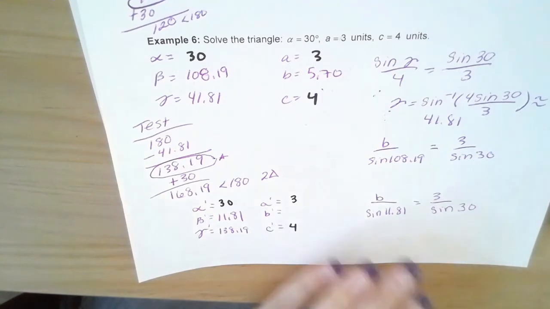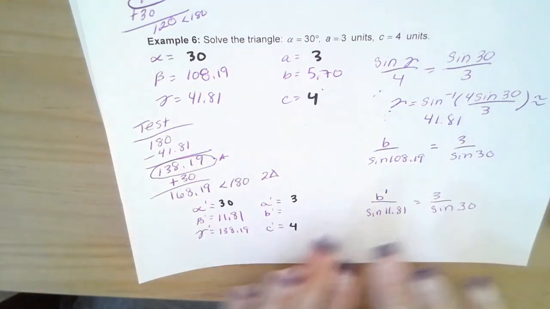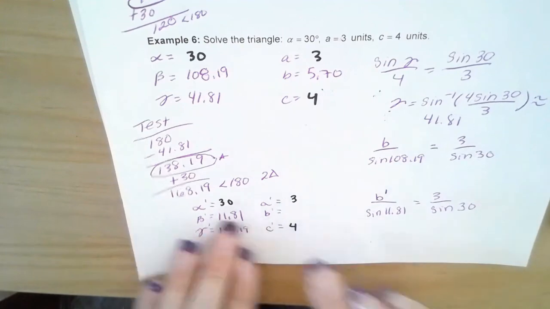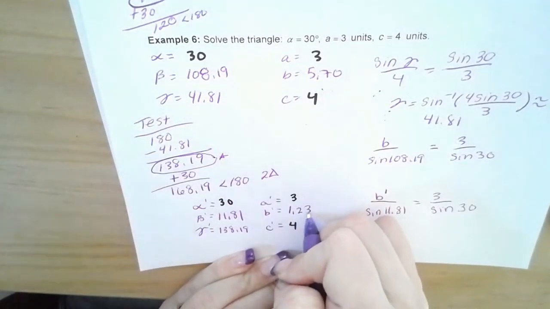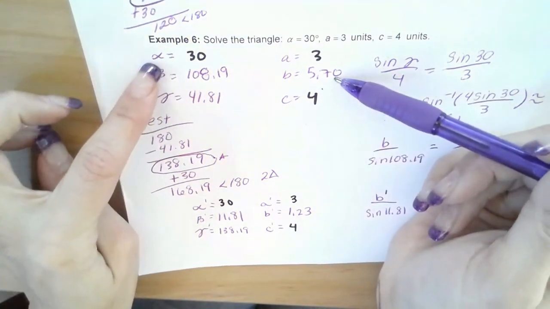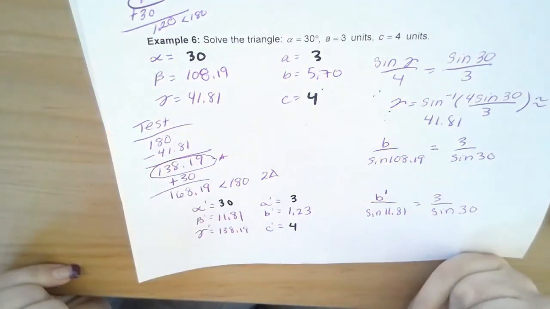What does that go with? But if I label it b prime, I know that goes with the second triangle. And when I do that, I get 1.23. Wow, crazy. For our second triangle, our largest angle actually became our smallest, and it changed our sides.